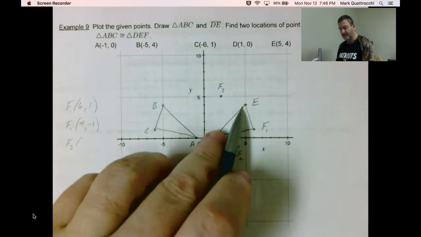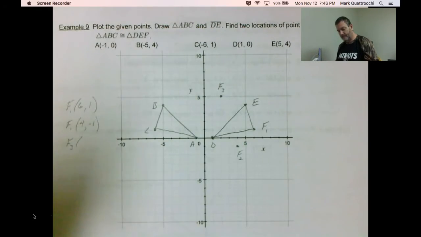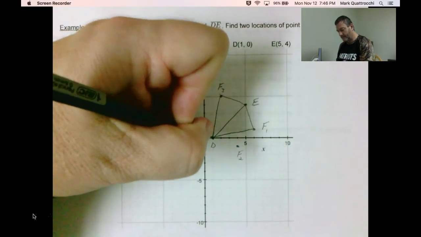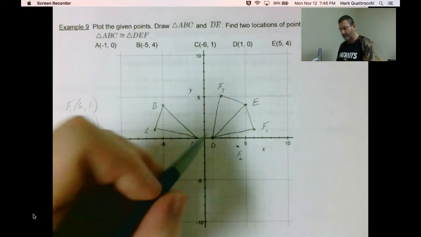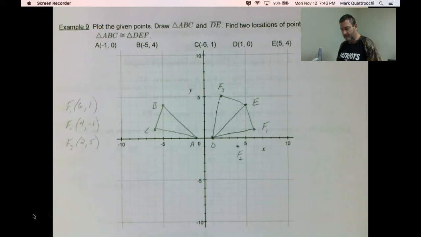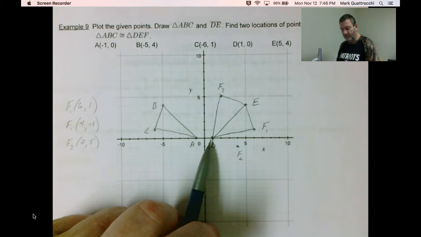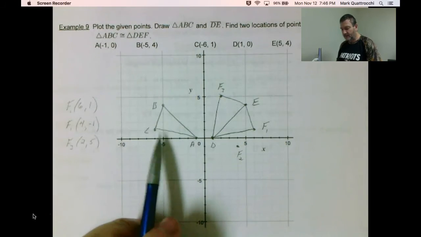So now I have triangle DEF, and that one is at 2, 5. D is the third side. It's going to be congruent to AC.